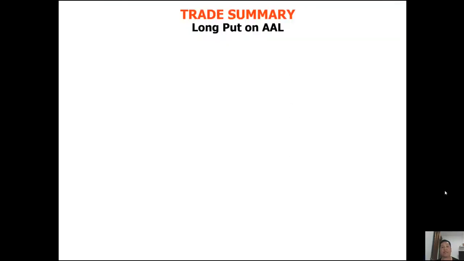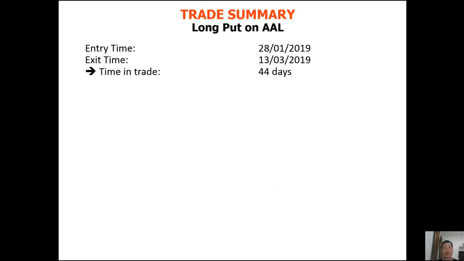Alright, let's summarize the trade using the long put strategy, buying a put option on American Airlines. I entered the trade on 28th of January, and I exited on 13th of March, which means I was in the trade for 44 days.